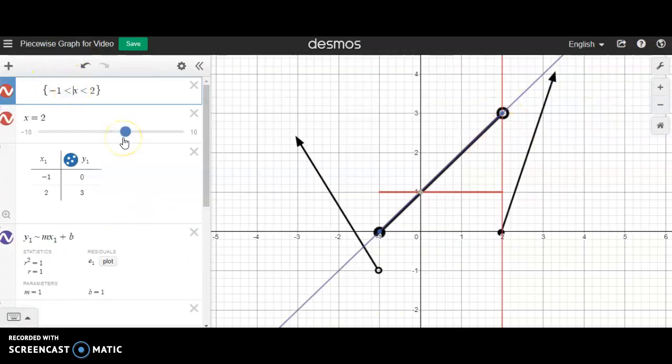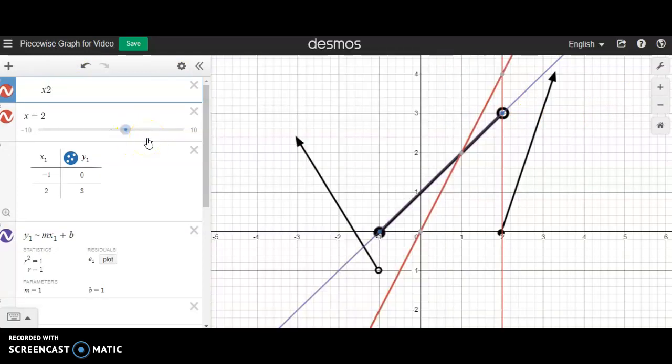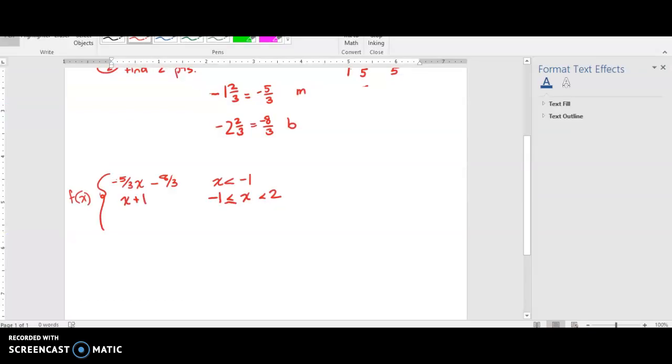And that is now where x is greater than 2. This area out here. And because this is a closed circle, it is going to be greater than or equal to 2. So I am going to put this right here, greater than or equal to 2.